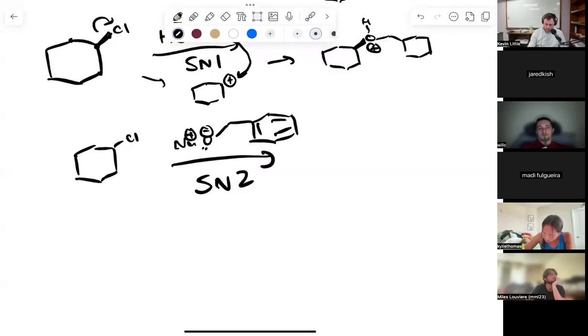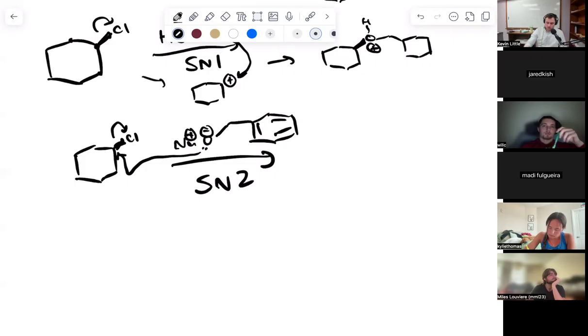This happens all in one step. So this oxygen has to attack from the backside to kick off this chlorine. It cannot approach from the wedge face because the chlorine's there. It has to approach from the opposite side.